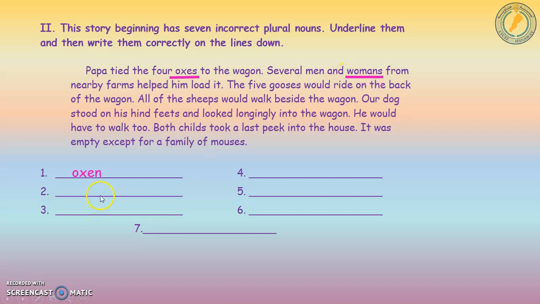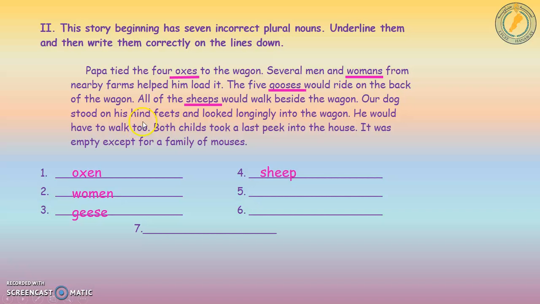Yes, it is women. The five gooses would ride on the back of the wagon. The five gooses. It's the five geese. Yes. All of the sheep would walk beside the wagon. Sheep. Yes, sheep stays sheep.